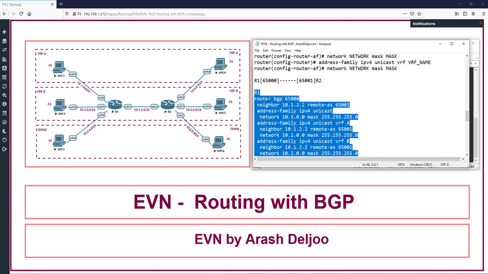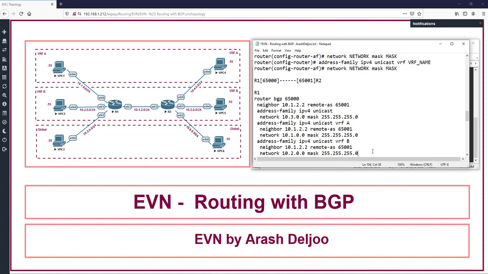That's it. And if you want to configure router 2, copy R1's configuration. R2 router BGP is 65001. The neighbor is 10.1.2.1 for all VRFs and the global VRF, and the remote AS is 65000.